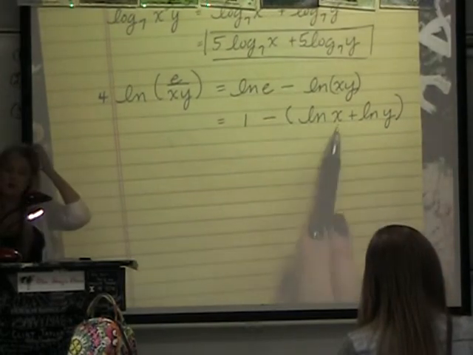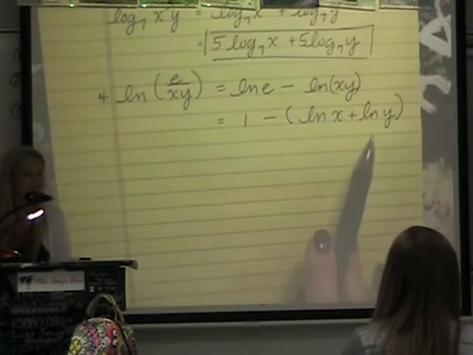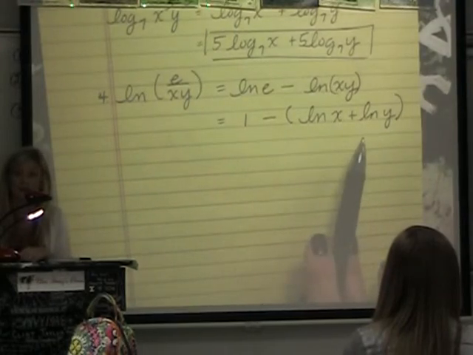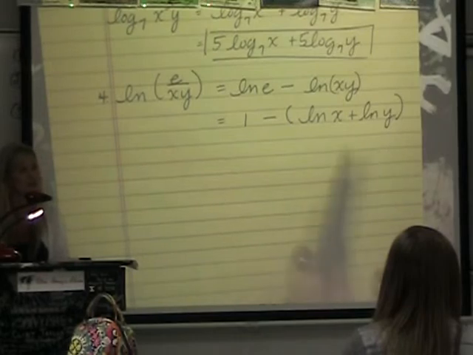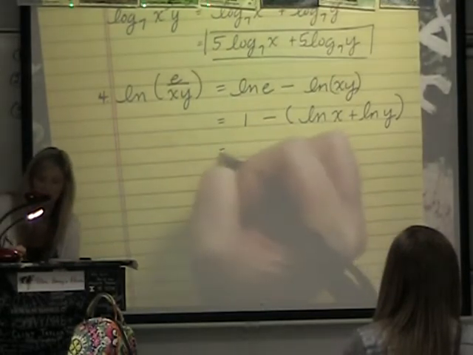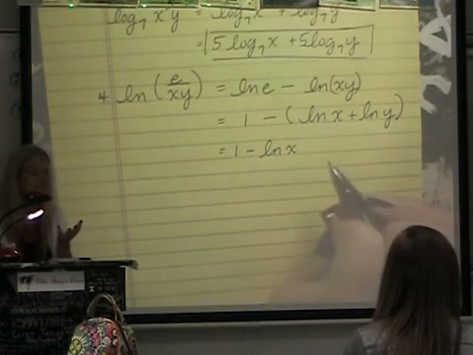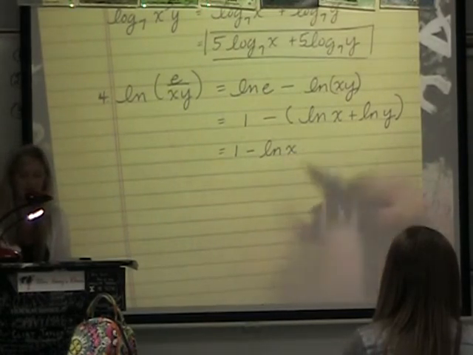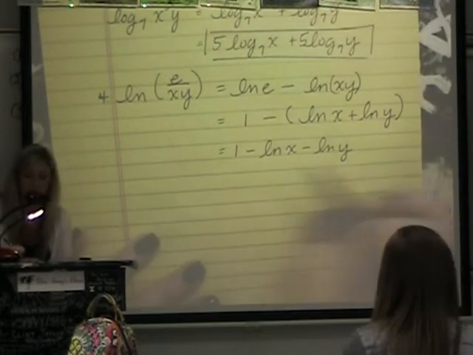Now, if you don't use parentheses, you're probably going to miss this question if you don't think to distribute the negative, or you might forget. The actual answer, on a multiple choice test, would probably look more like this: 1 minus ln of x minus ln of y.